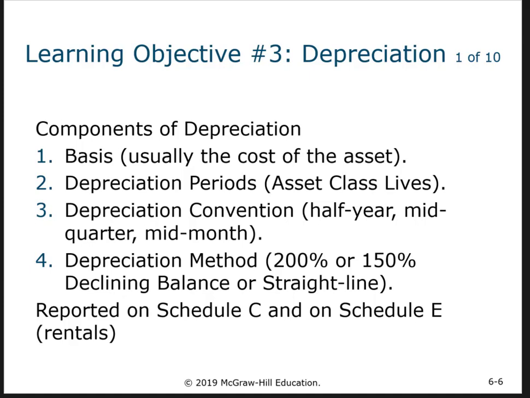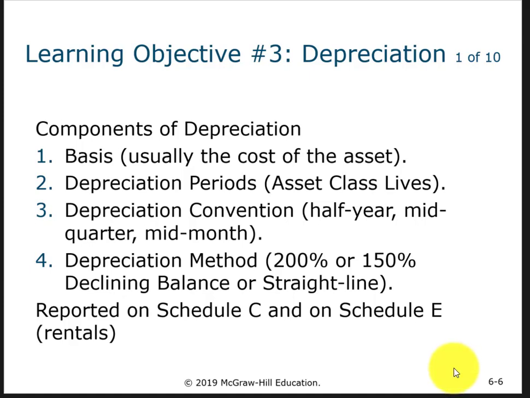This is similar to the idea of depreciation that we learned about in regular accounting classes, but tax-wise, it's going to be entirely driven by what the tax rules say. Okay, and they're going to have lots of different applications depending on the type of asset and that sort of thing. When you buy it, all those things are going to be part of calculating depreciation for tax purposes.